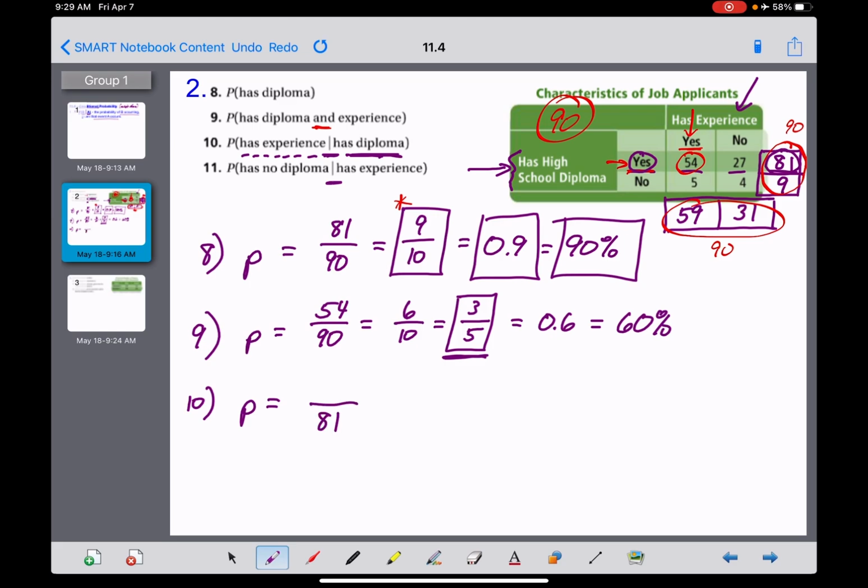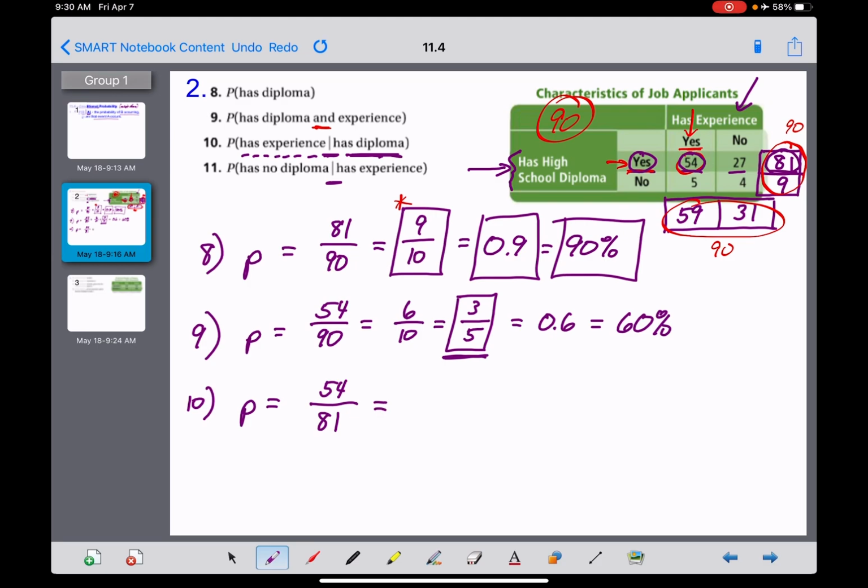That's going to go in my denominator right there. That's the total number of applicants who have a diploma. And now the question becomes, out of those 81 employees with a diploma, how many of them have experience? That would be given to us by this number right here. So 54 out of the 81 applicants who have a high school diploma also have experience right there. So that's what we'd be looking for in this case, guys.